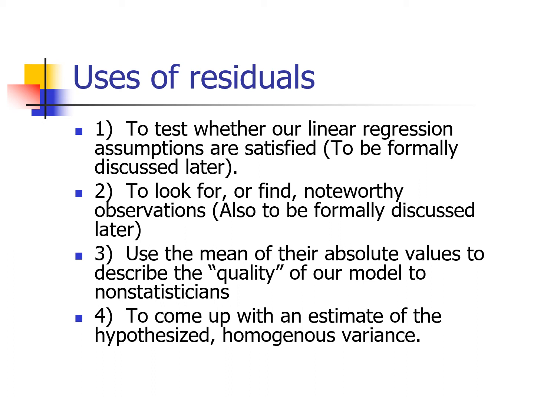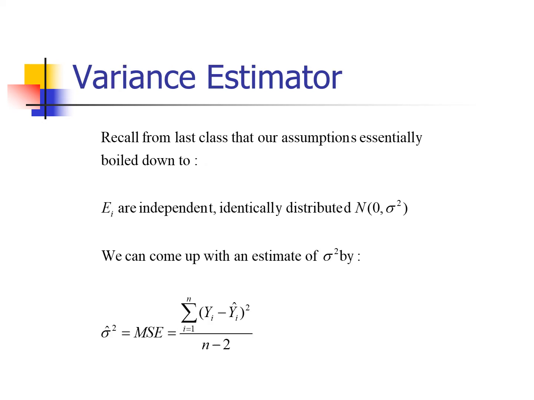And then fourth, we could use the residuals to come up with an estimate of our hypothesized homogeneous variance. That's assumption 2. Remember, assumption 2 is we assume that all the errors had a common variance sigma squared. We can actually use the residuals to come up with an estimate of that homogeneous variance. And in fact, here it is.